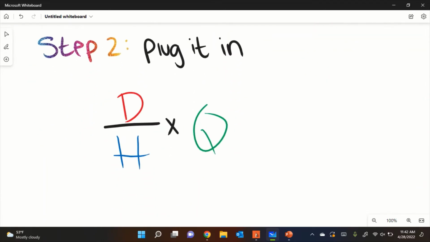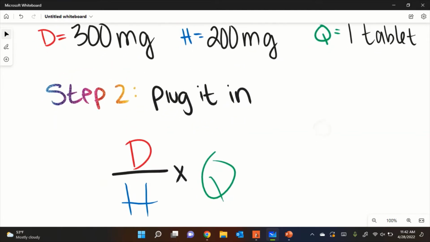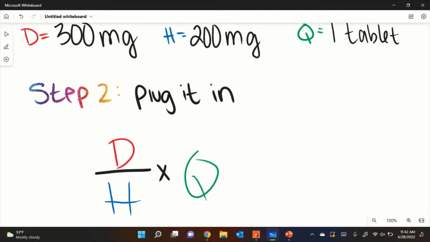Our next step is to plug it in. So I'm actually going to bring up our numbers here so we can see them. And we're going to replace our variables in our equation with the variables that we just isolated. So D is not D. D is 300 milligrams.